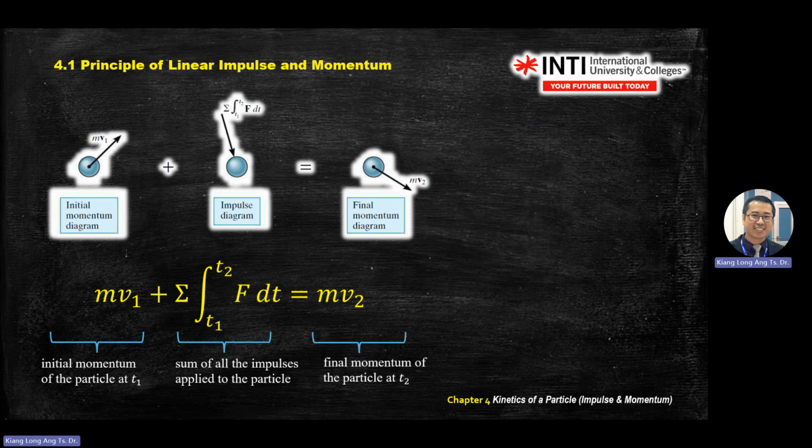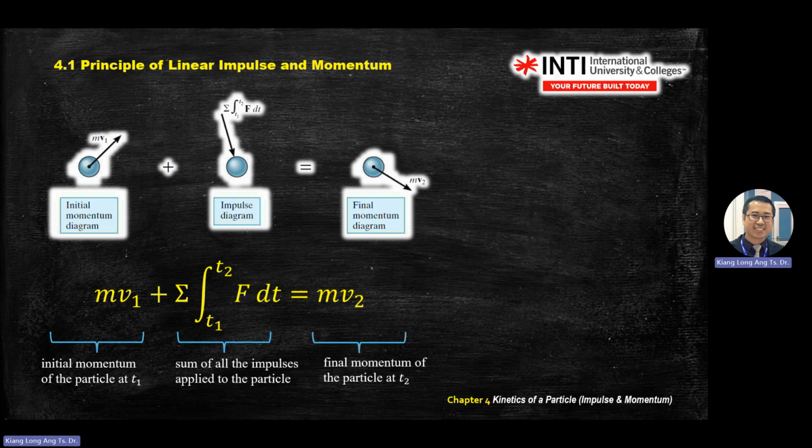So we can illustrate with a diagram. Let's say mv1, you know that m is a scalar. m doesn't have any direction, but velocity has direction. Velocity is a vector. Vector has magnitude and direction. For example, your v1 is in this direction. Plus F dt. F is a vector. Vector multiplied by time, you get another vector.